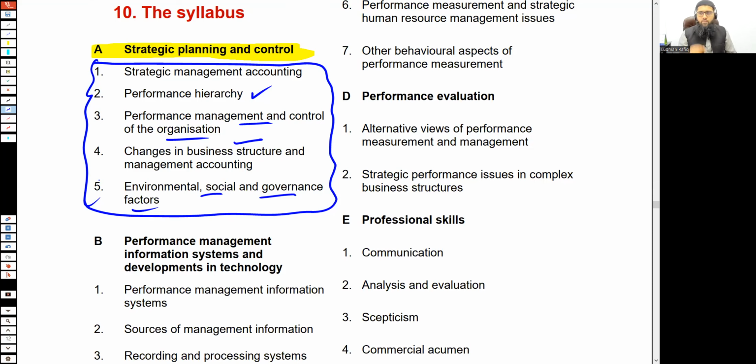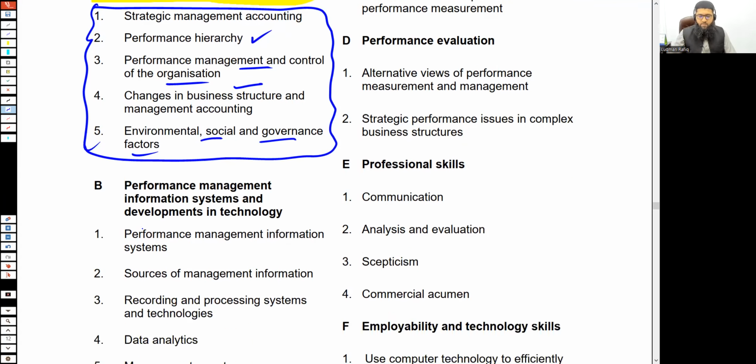It refers to creating a strategic perspective from the management accountant's perspective, of how the organization is going to achieve the strategic objectives and goals for which it was originally set up.